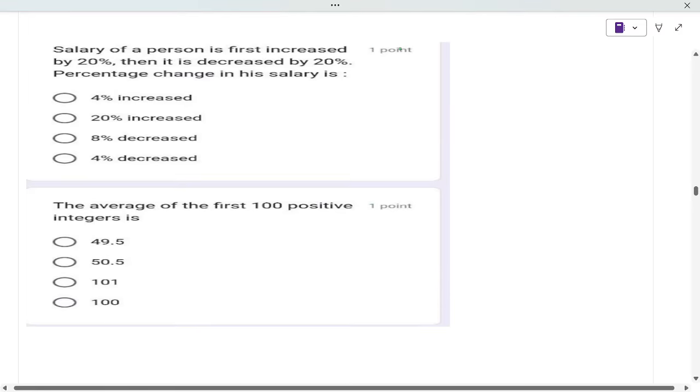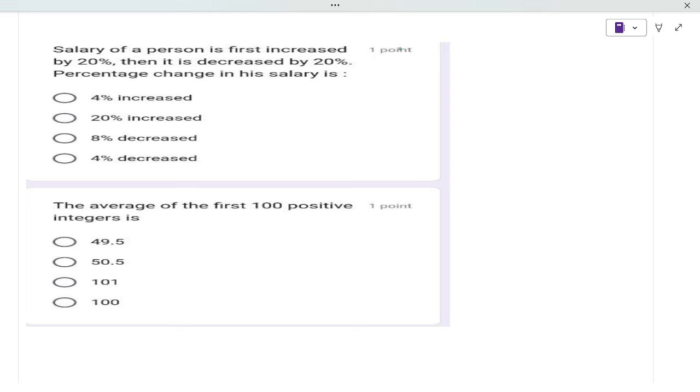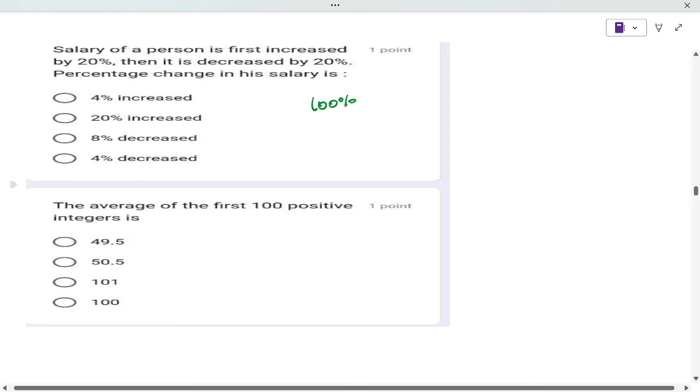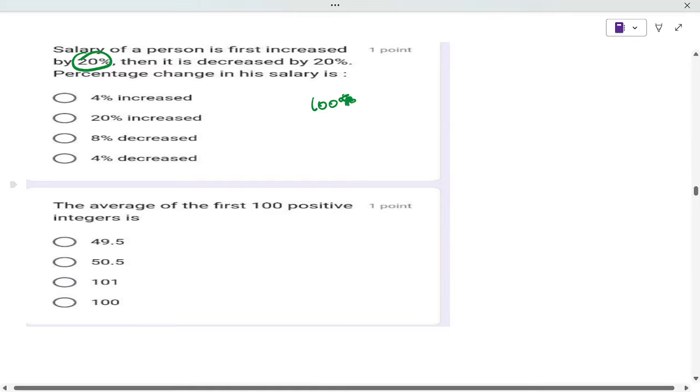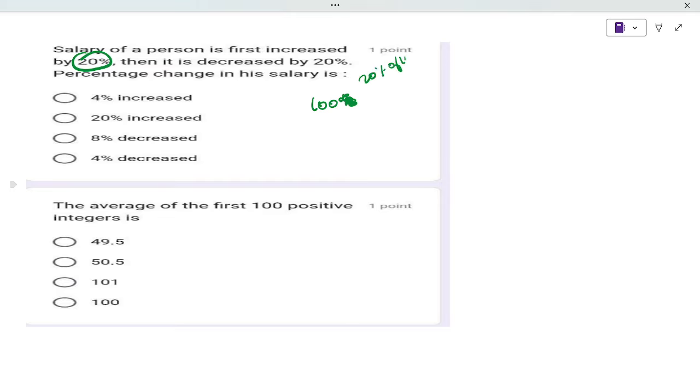Next one: the salary of a person is first increased by 20%, then decreased by 20%. Find the change in his salary. We don't know the salary, so we start with 100%. First it is increased by 20%, and 20% of 100 is 20.